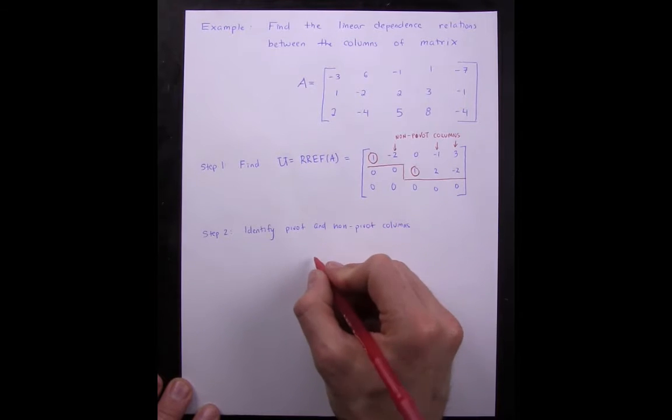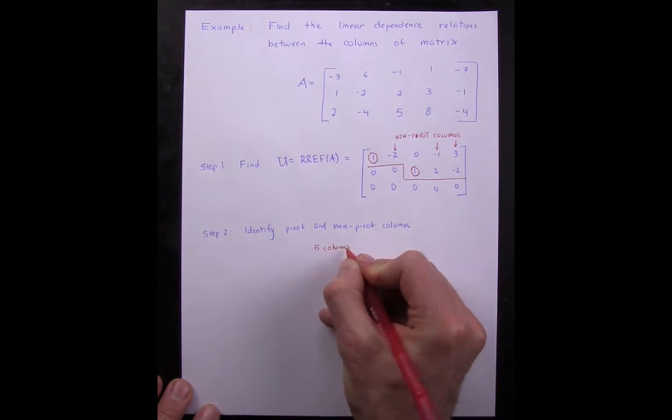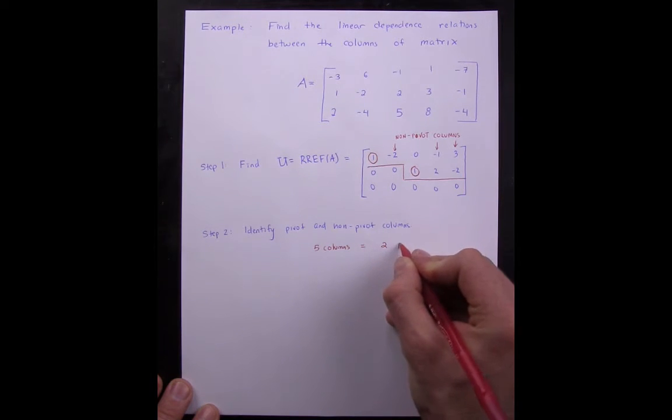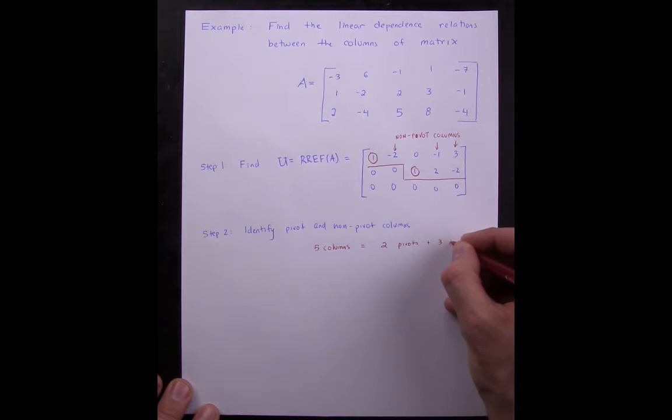We know that there are 5 columns total, and as we discussed before, this is the 2 pivot columns plus the 3 non-pivot columns.